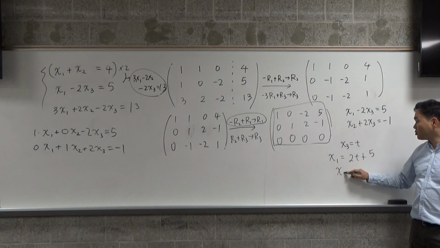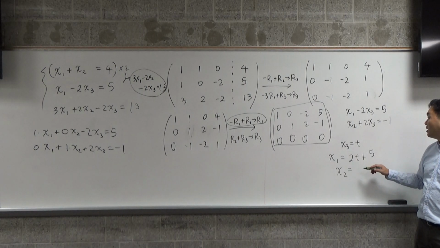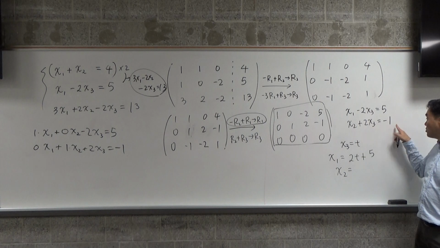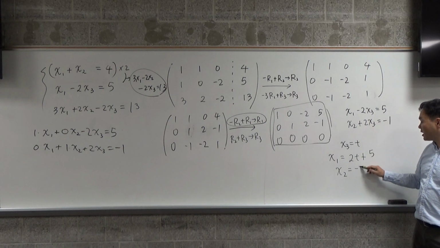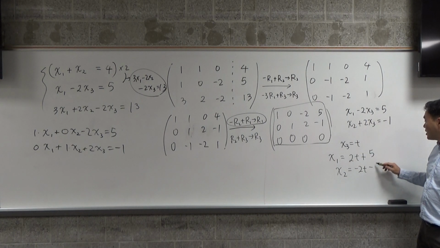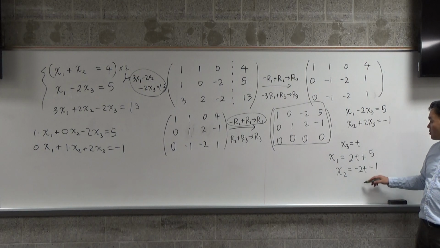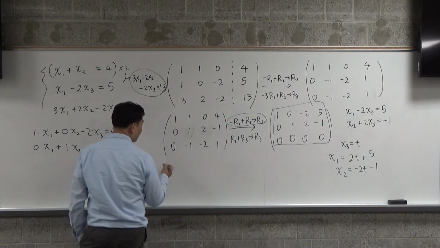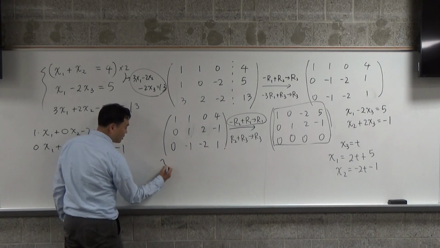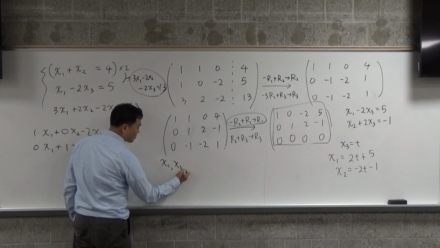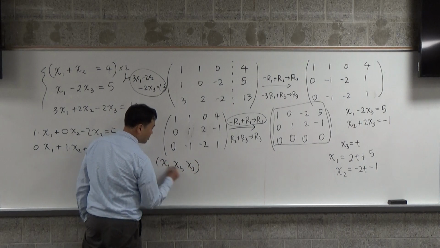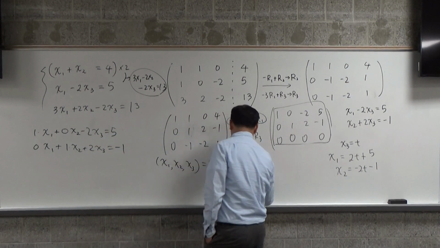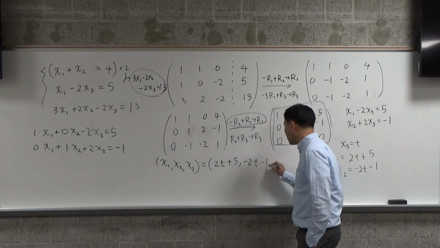And then x2 is what? T goes here. Move it to the other side. What do you get? Negative 2t minus 1. Okay? So you can write down the solution set as x1, x2, x3 equals 2t plus 5, negative 2t minus 1, and t.